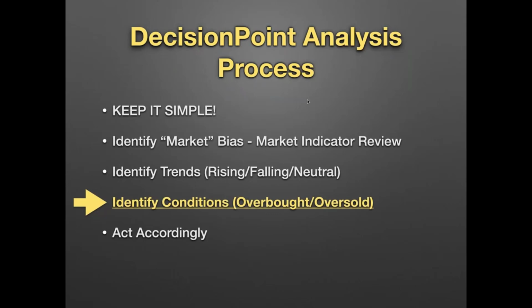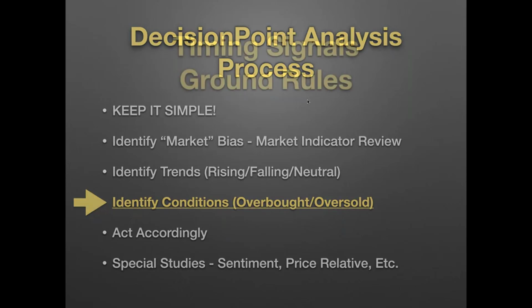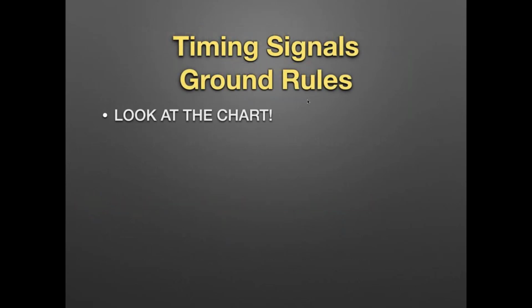and oversold. We're going to talk mostly about the PMO, and that is our primary indicator for identifying the condition of the market. So some of the ground rules: if you get a timing signal like a PMO crossover buy signal, where the PMO crosses above its signal line, that is an attention flag.